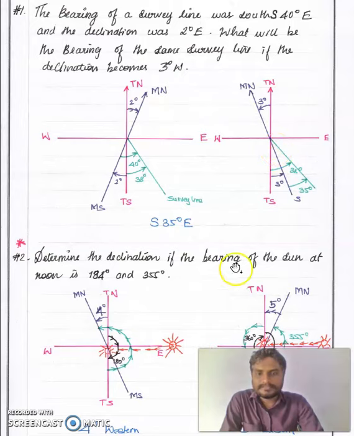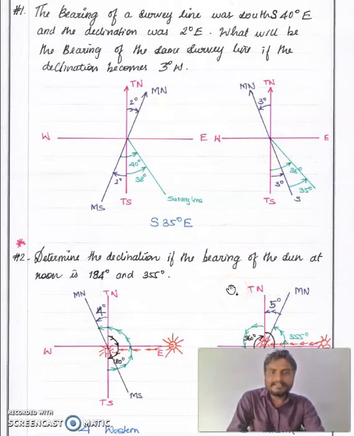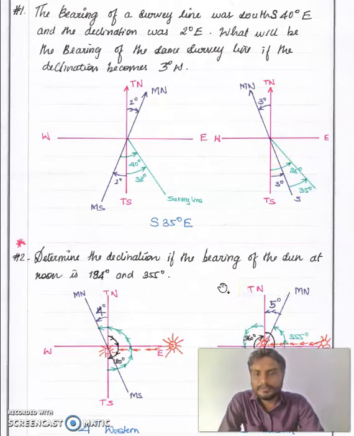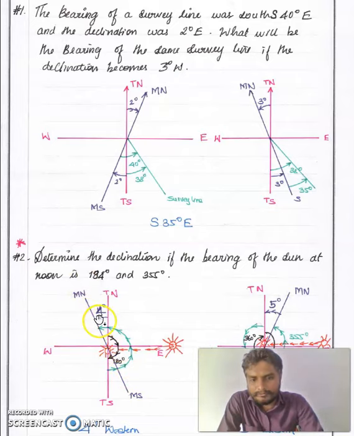Okay, next. Determine the declination if the bearing of the sun at noon is 180 degree and 355 degree. So now during the noon period, it exactly coincides with true north as well as true south. But in this case, this is the magnetic north at an angle of 4 degree towards the western direction. Okay, but this is 180 degree, this is 180 degree.